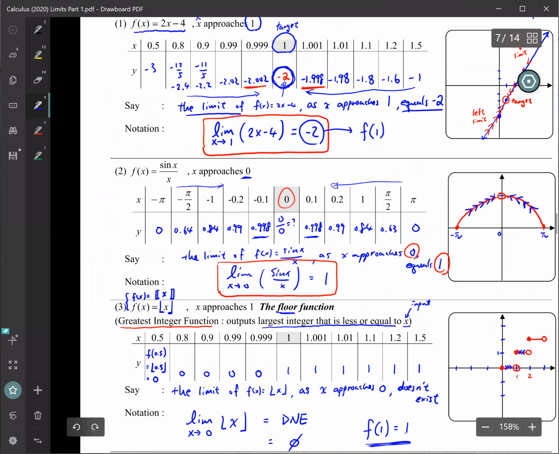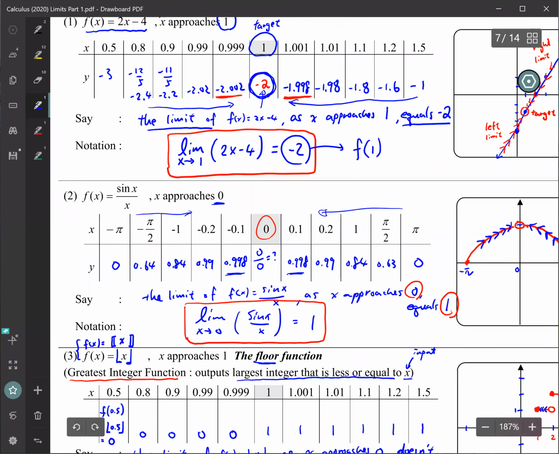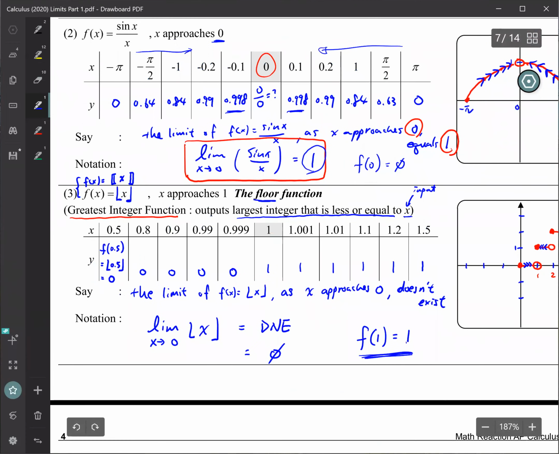Like over here, for question 2, what is f of 0? Gina, what's f of 0? Undefined. Yeah, so this one, the point is undefined. But however, the limit exists, right? We get an answer of 1. This is the opposite, right? I have f of 1 equal to 1.